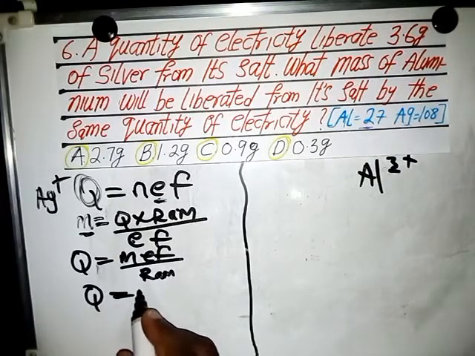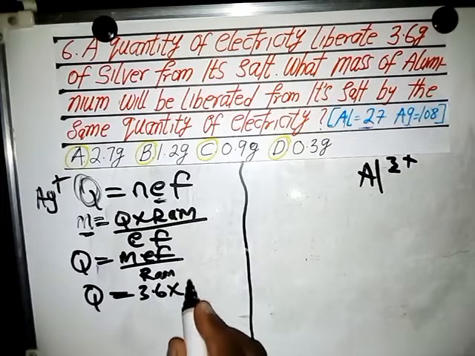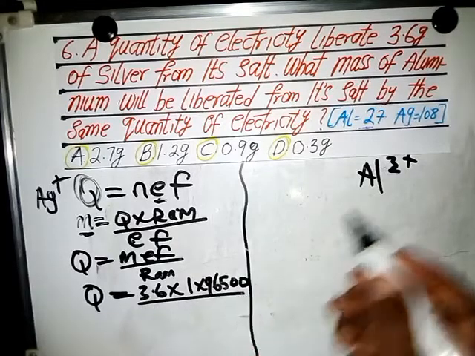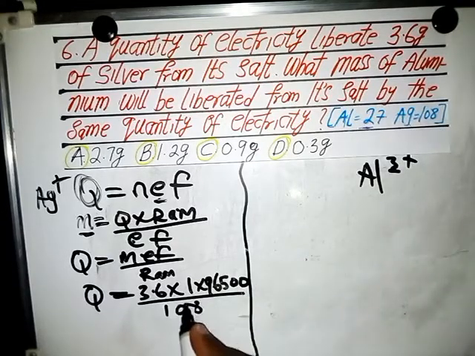So Q equals 3.6 times 1 times 96500 over 108, which is equal to 3.2 and 6.